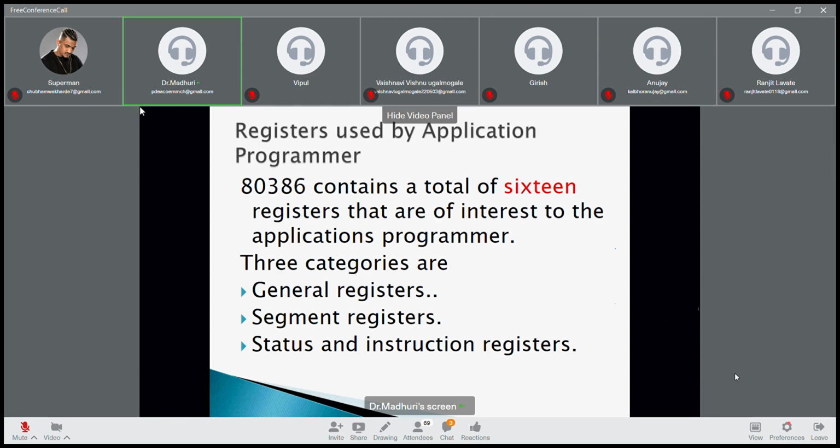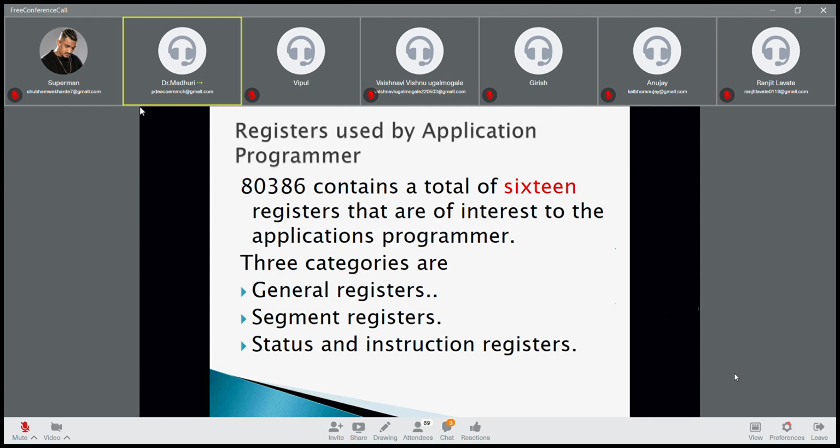What is the first point in the programming model? First is the memory organization and the segmentation. Second one is the data type. Third one is the register. The 80386 contains 16 registers, which we will see one by one.